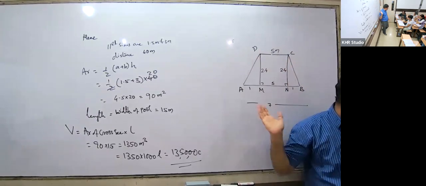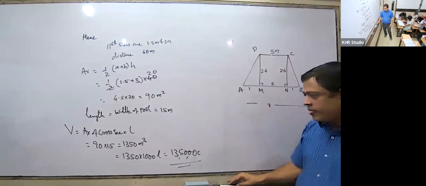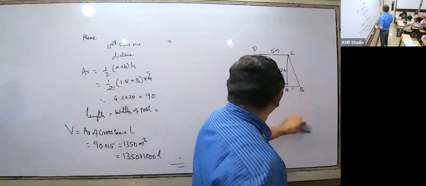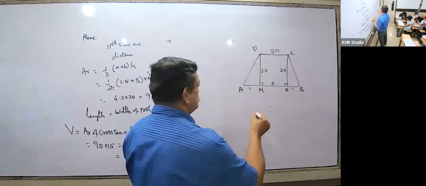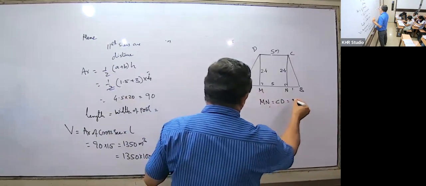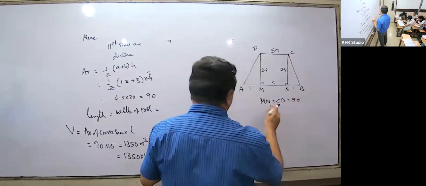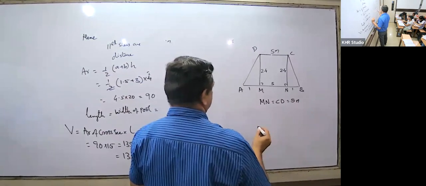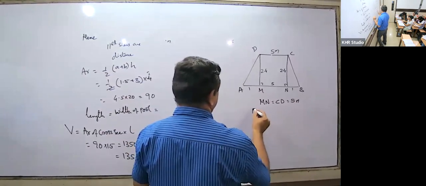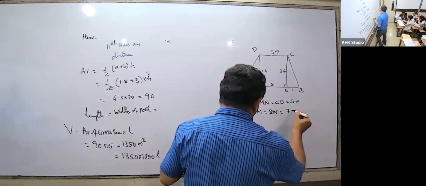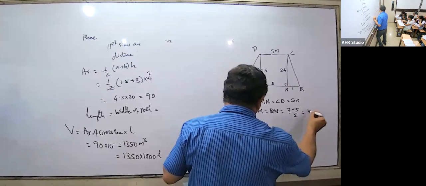Okay, so the figure is drawn. Now, below, these values you have to mark in the figure. MN is equal to CD is equal to 5 meter. AM is equal to BN is equal to (7 minus 5) divided by 2, which is equal to 1 meter.